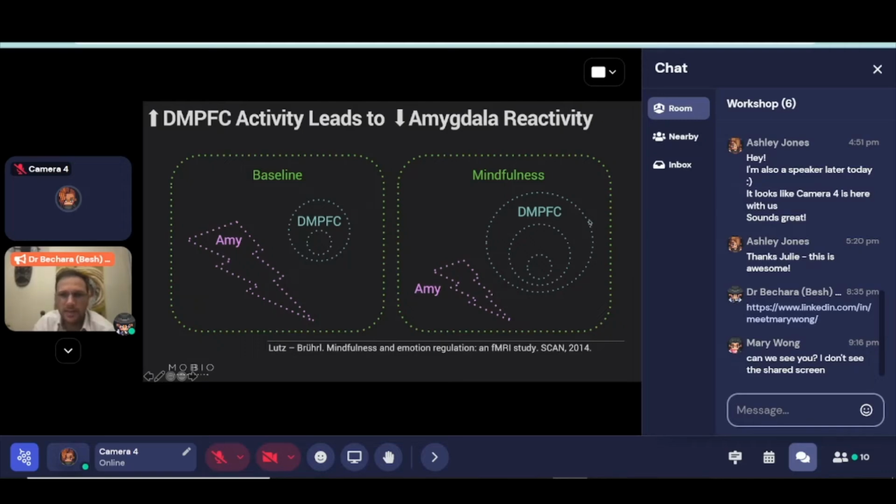And this is a much more, let's say, socially suitable way. Not just socially suitable, it's just a preferred state. It's preferred socially speaking, but it's preferred functionally speaking, because the dorsal medial prefrontal cortex has connections to other areas of the cortex in ways that the amygdala does not.